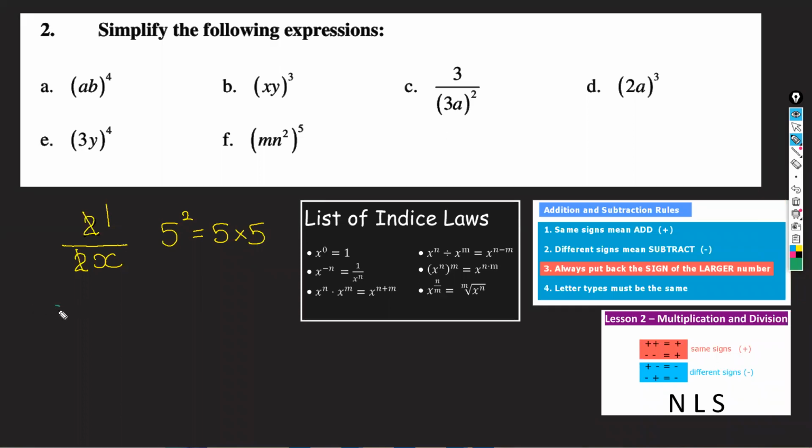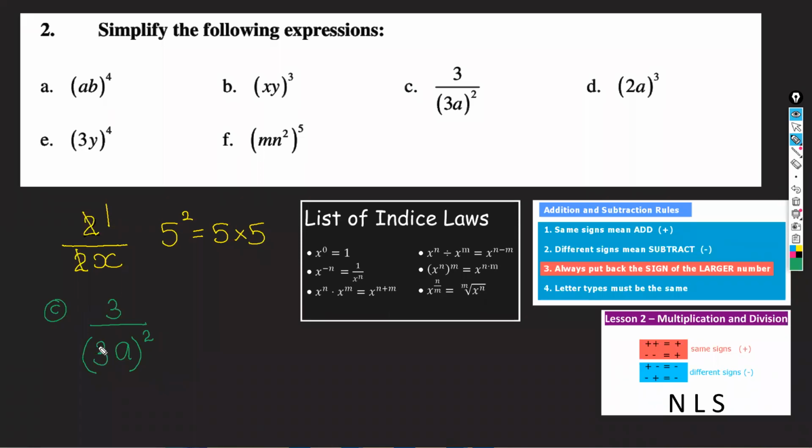For part C, I have 3 on top and 3a, but here's the thing. The underneath part alone is being protected by brackets. Whenever something is being protected by brackets, pretend that it's not accessible. It's almost like a force field, and no one can enter that force field.